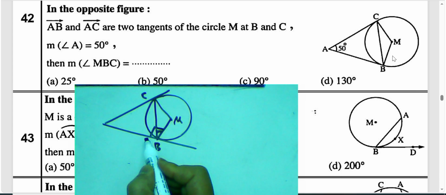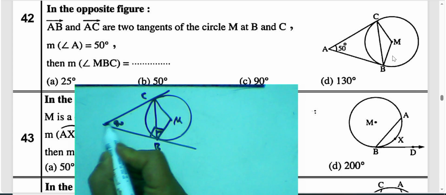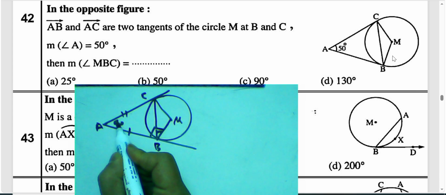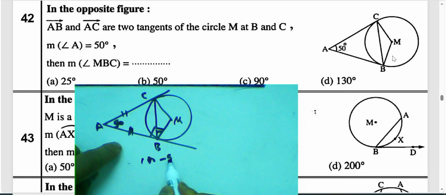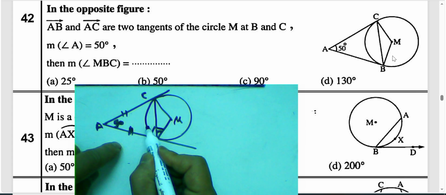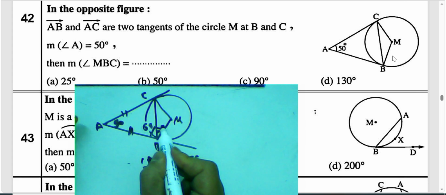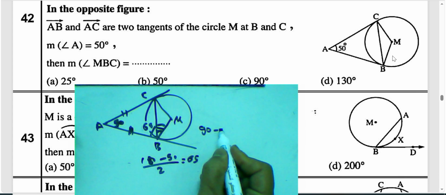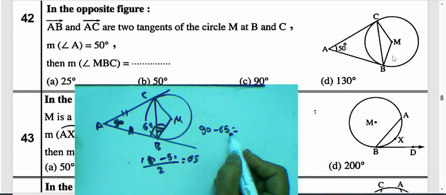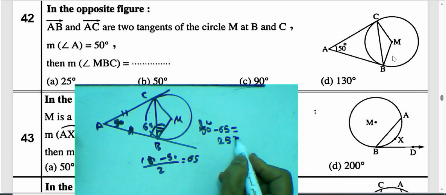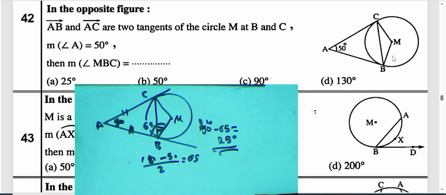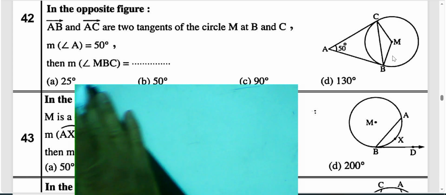We have 90 degrees here, and this angle is 50 degrees. We have two tangents equivalent in length. Then 180 subtracted by 50, divided by 2, is 65. This angle will be 65. I want to find the remainder, right? 90 subtracted by 65. 10 minus 5 is 5, and 8 minus 6 equals 2. The result will be 25 degrees. Okay, yes, 25. Choose letter A.